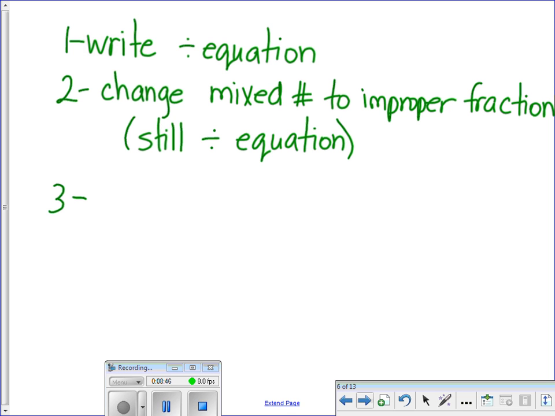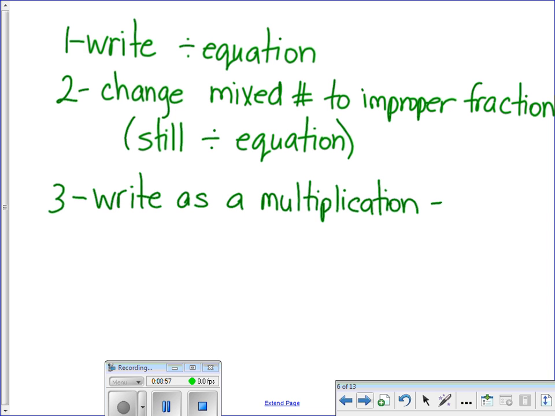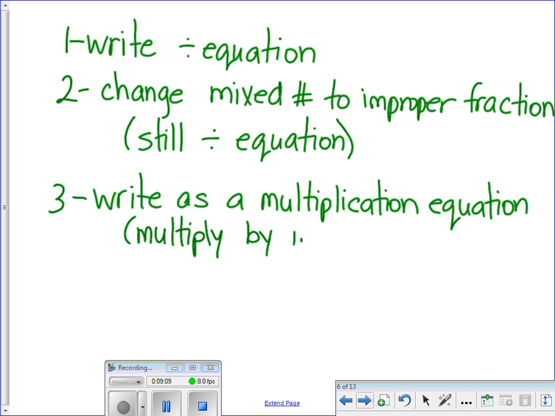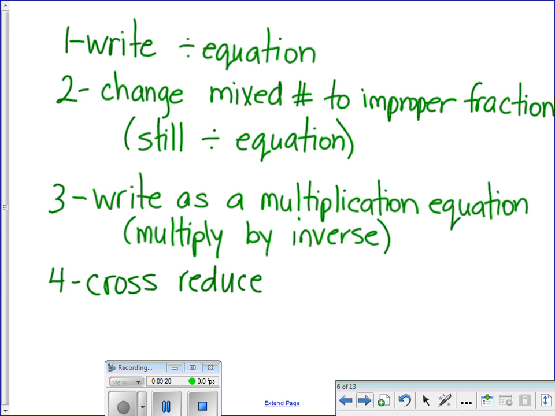Step 3, write it as a multiplication. Then you can cross-reduce if it's possible. And if you don't cross-reduce, that's okay.